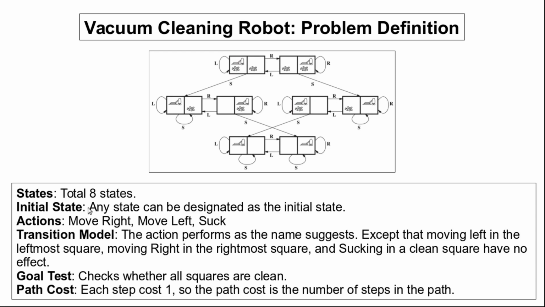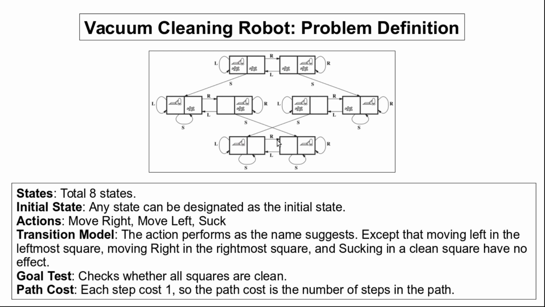And what are the actions that can be performed at any given state? We can move right, we can move left, or we can suck. Then the transition model. What would be the transition model for this example?